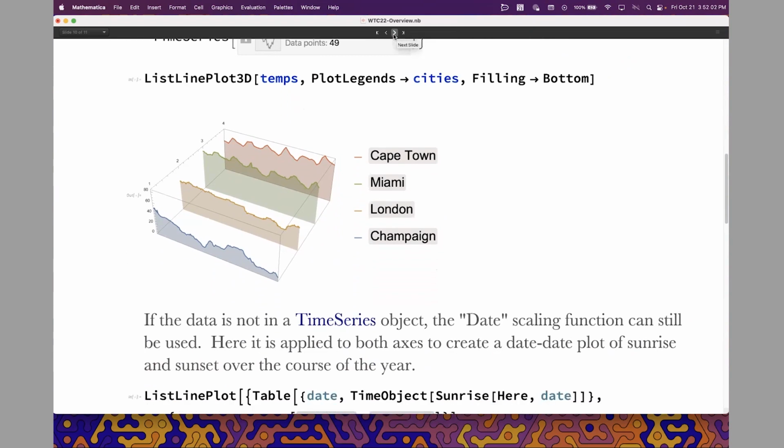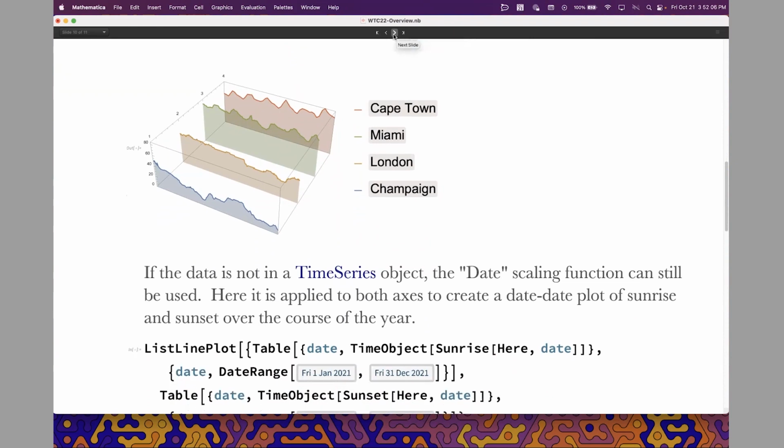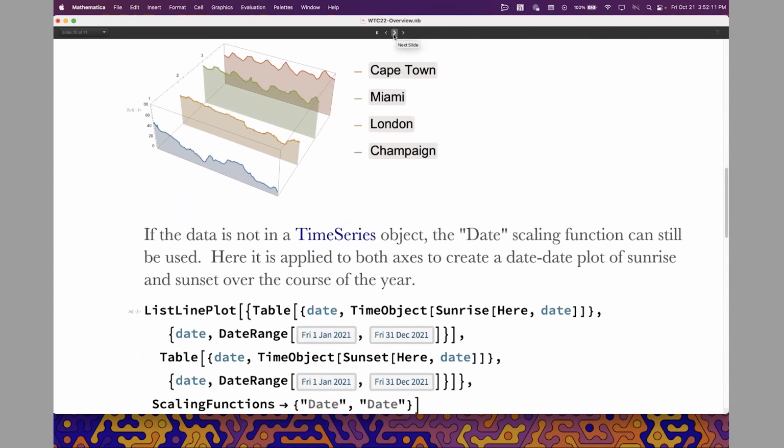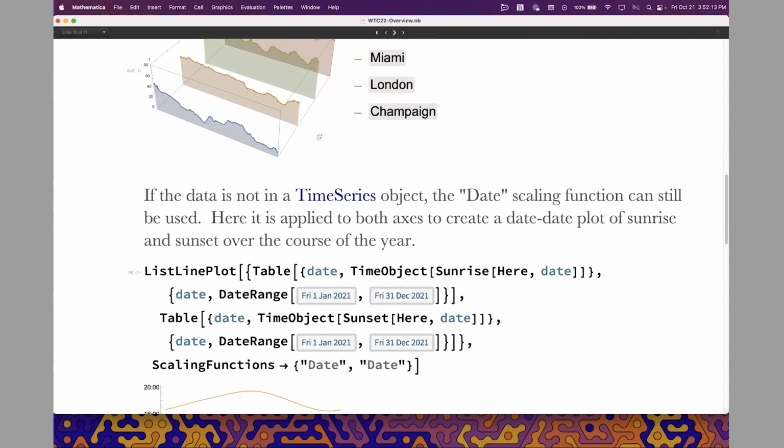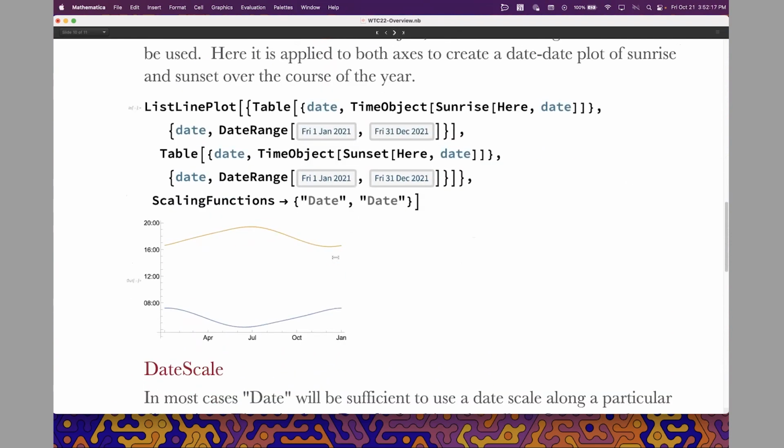And if your data is not in a time series object, then we're probably going to need some help to know to convert into that scaling function. So we have scaling functions goes to date. And so here is a plot I didn't make bigger.